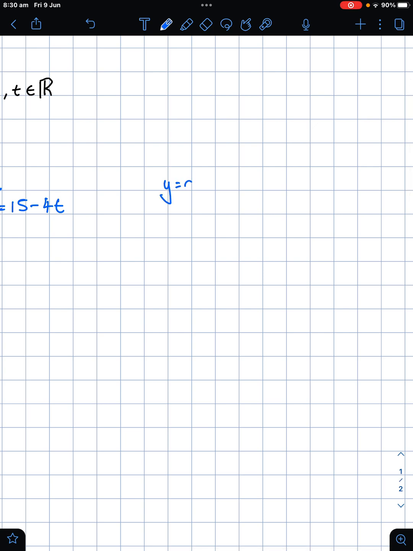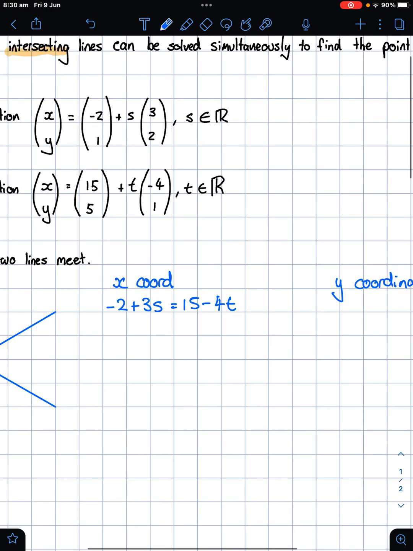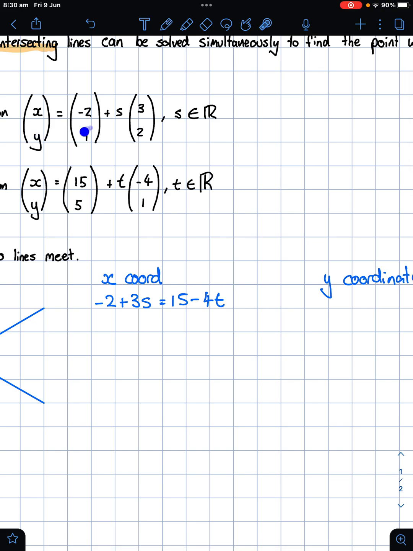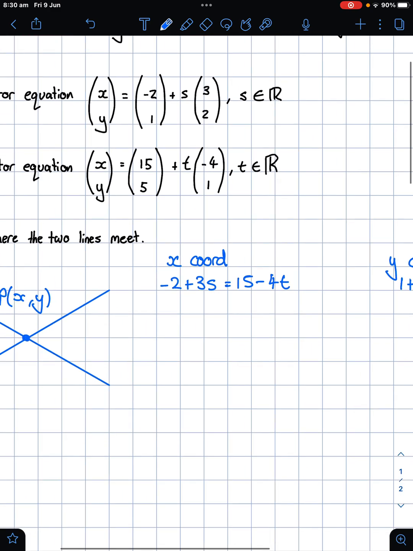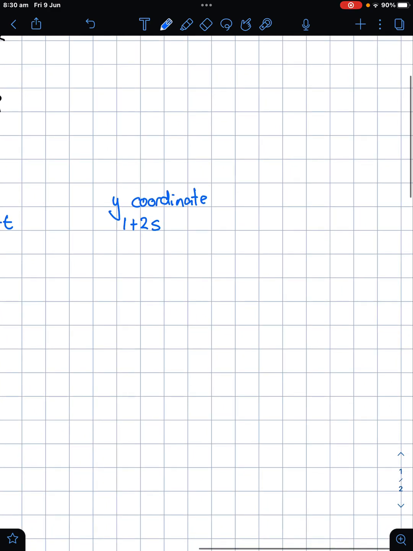And then the y coordinate, we do the same thing here. So with the y coordinate, in this top one, y equals 1 plus 2s. And in this bottom function, we get 5 plus t.